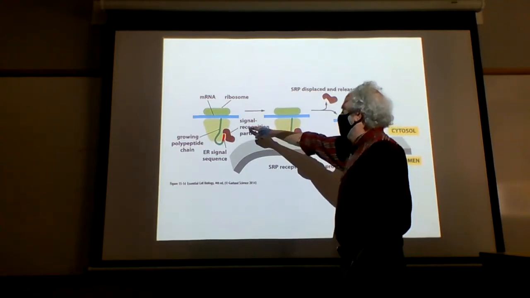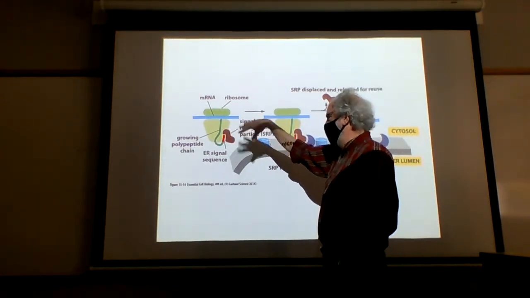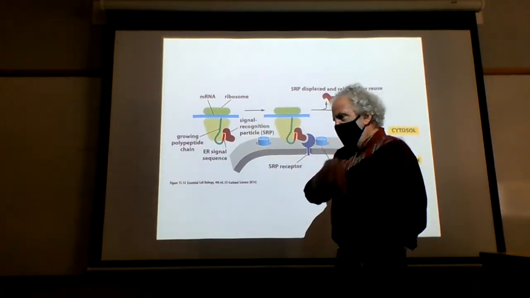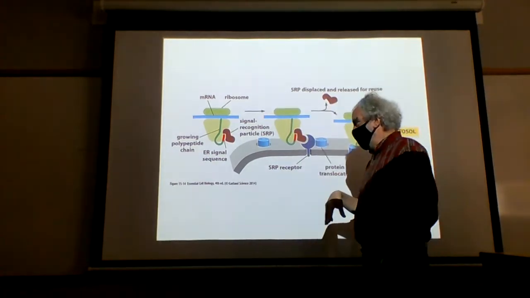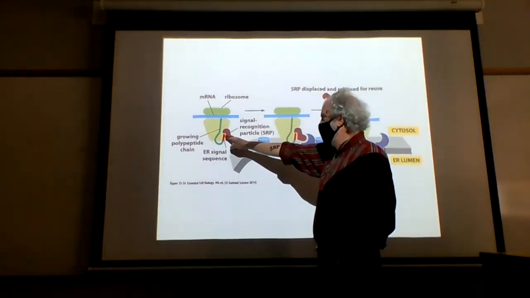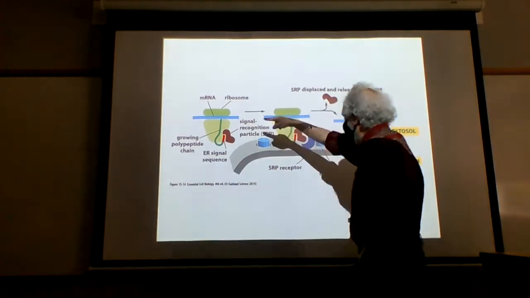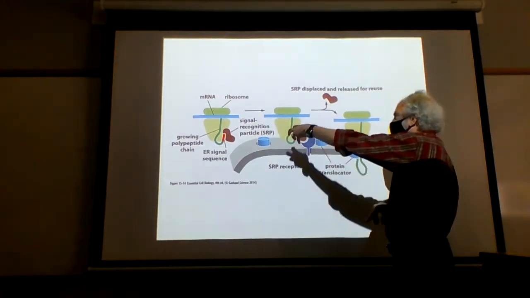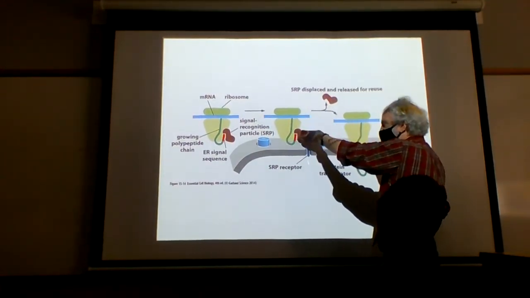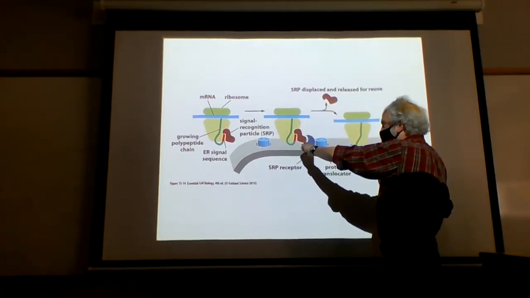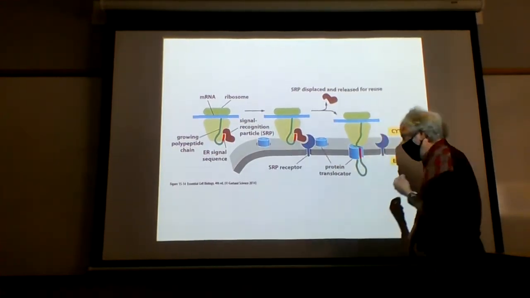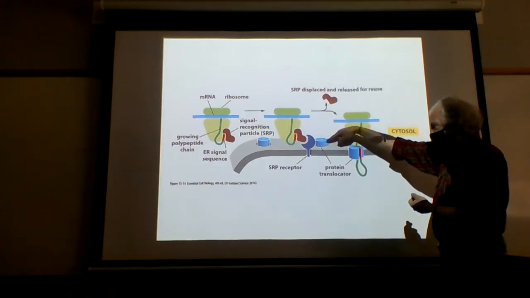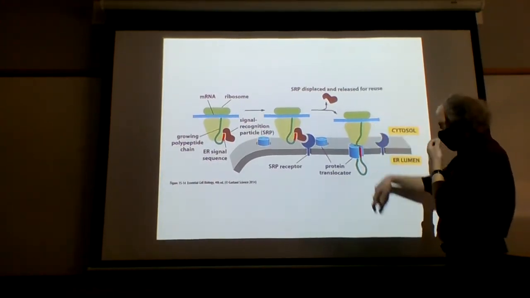Here is the signal recognition particle. It is an RNA that has a set of proteins on it. And the proteins bind the signal sequence. They halt translation until this complex is able to find a ribosome, land on it at the SRP receptor. And then you have this protein channel that the protein is being slid through.